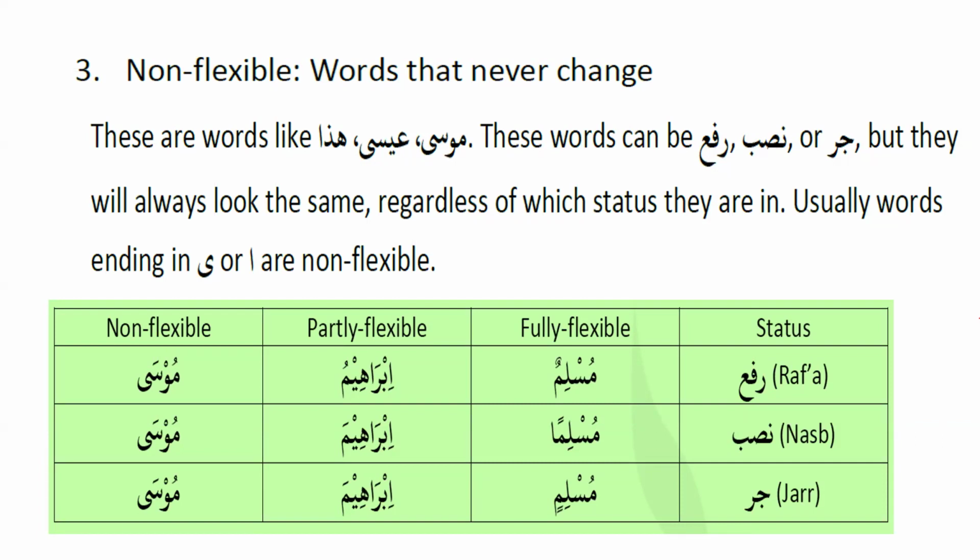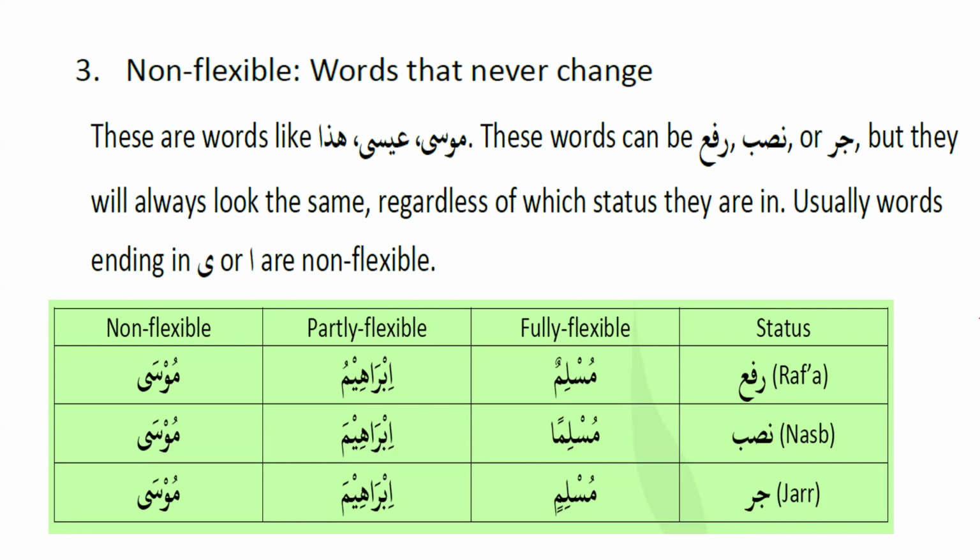Then how to determine status in Arabic? We learned a chart called the Muslim chart that has a masculine version, a feminine version, a light version, and a heavy version. The chart told us that we have 3 columns: singular, dual, and plural.